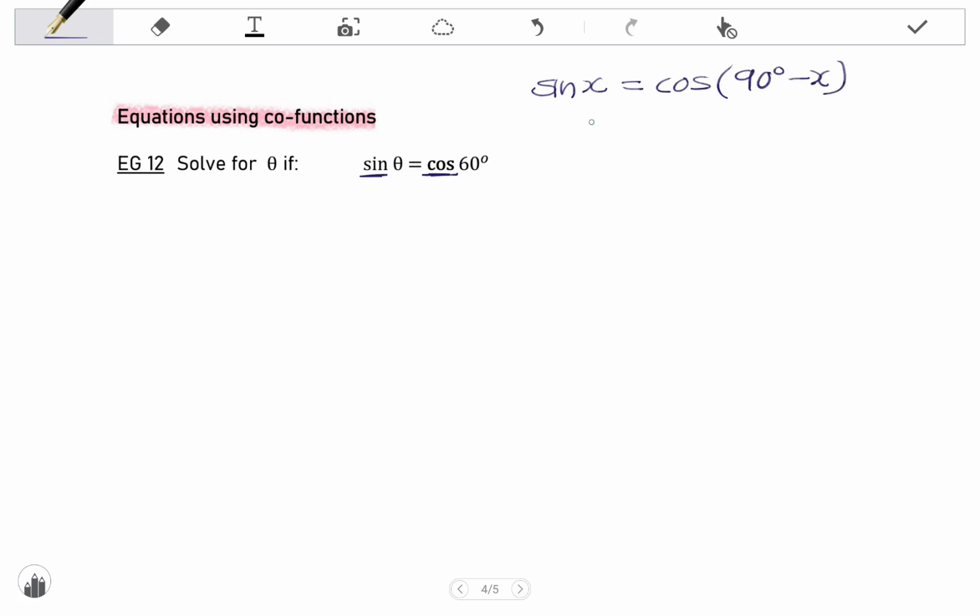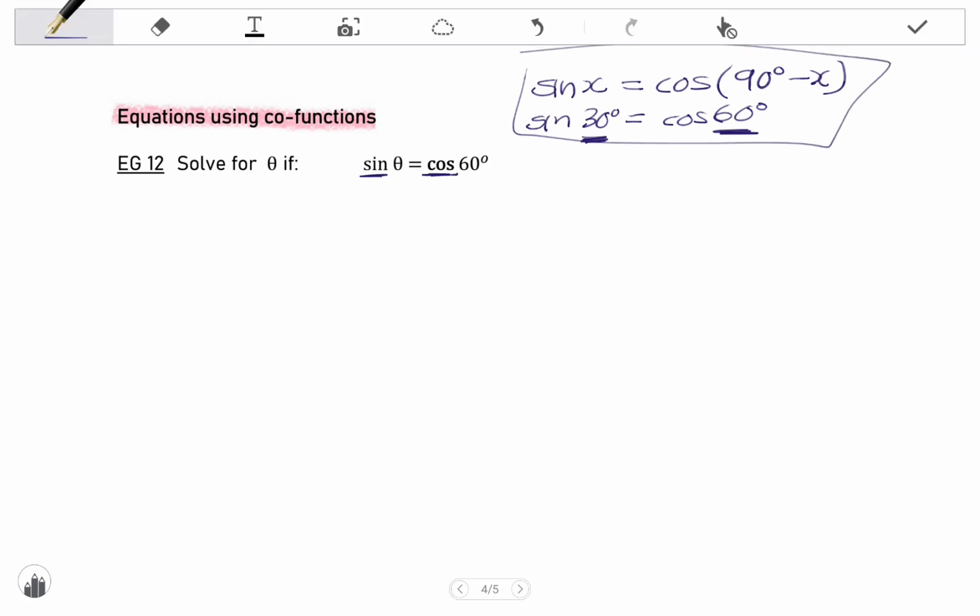Remember, angles that add up to 90 degrees are complementary angles. So if I have sine 30 degrees, that is equal to cos of 90 minus 30, which is 60 degrees. The 30 and the 60 add up to 90. They are complementary angles, and we go to the cofunction. We are going to use that background for this.